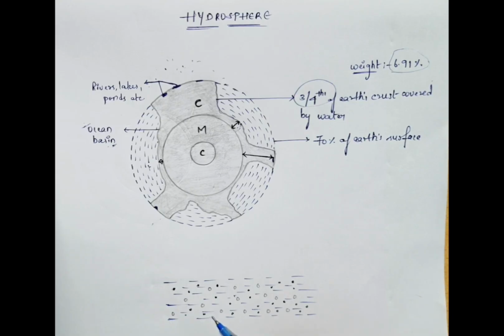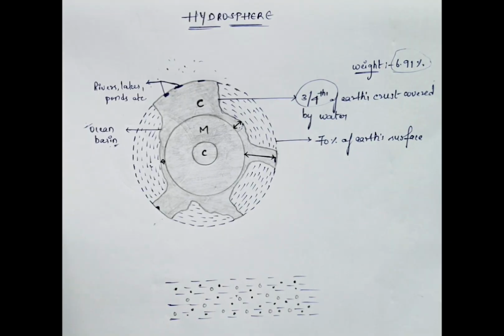So water contains air and all the soil particles as sediments, friends. So I think I covered all the important points about hydrosphere in this. About five main points I covered. Okay, friends, this is about hydrosphere.